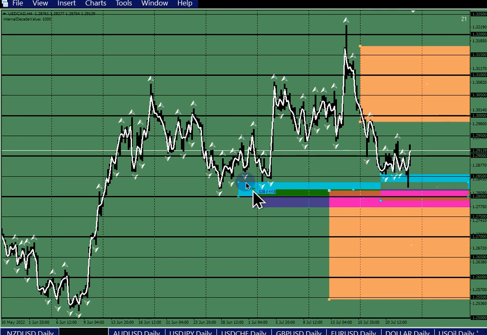The wicks. Wicks matter? No kidding. If you placed a ticket on every fractal, that'd be 5, 6, 7K.